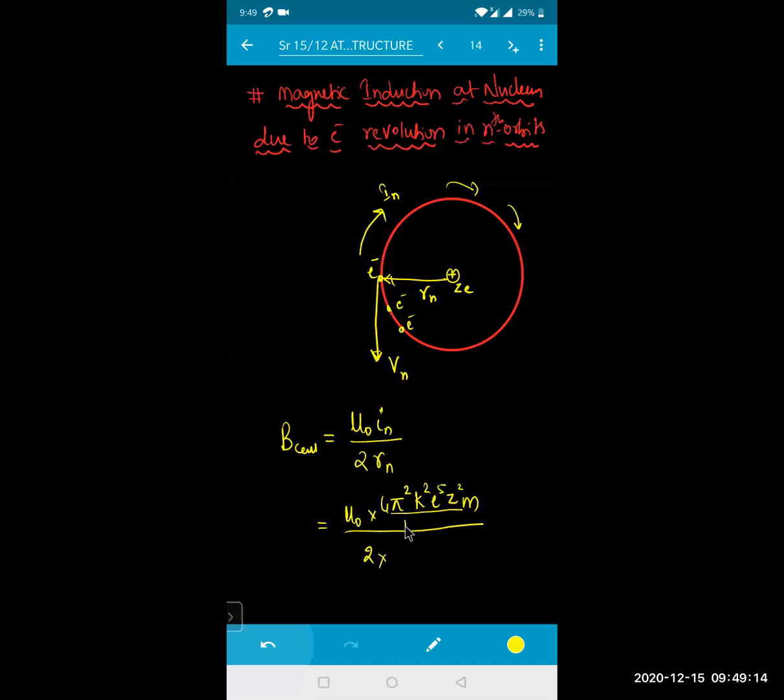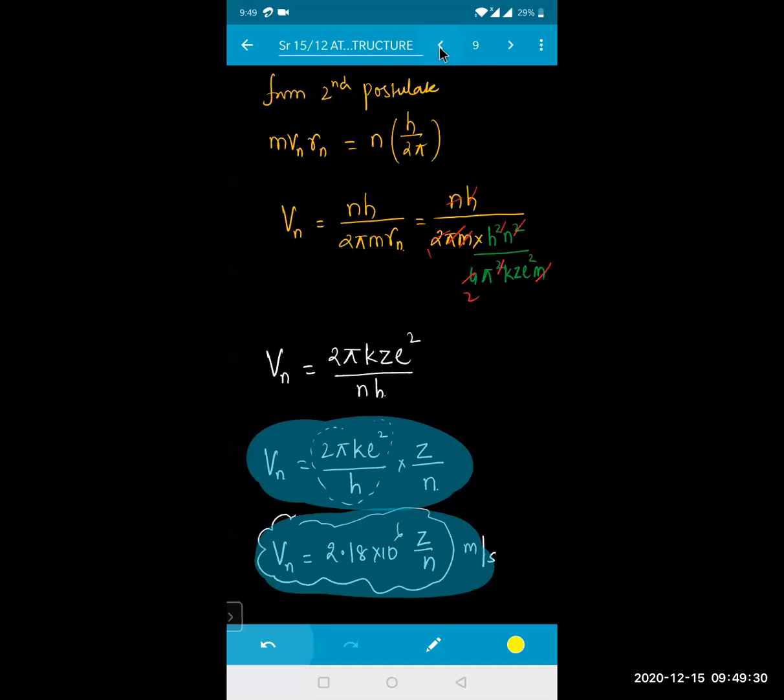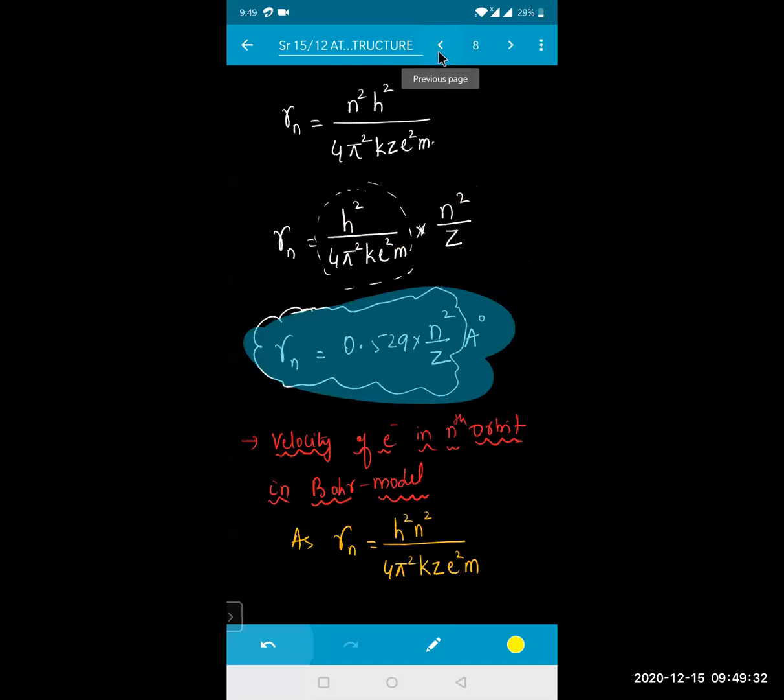The radius of nth orbit. So write the radius of nth orbit formula, n square h square and so on, for the given condition. Write the relation for that one. That will give me the answer for the given part.